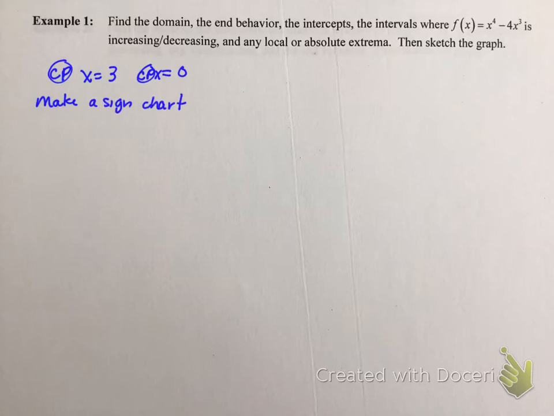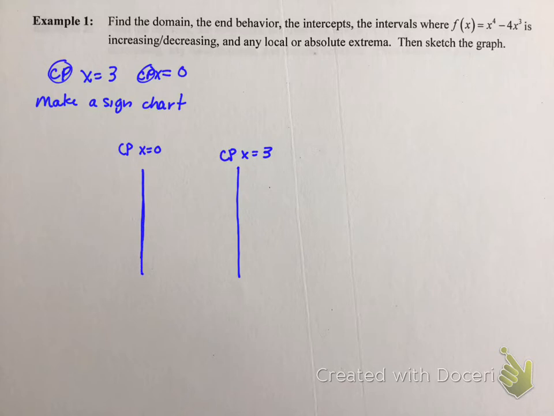Since I have 2 values, I'm going to put them in order. So my first critical point is when x equals 0, and my second critical point is when x equals 3.